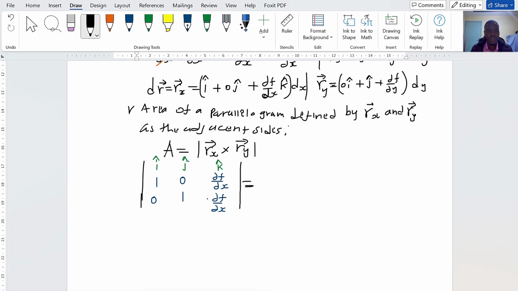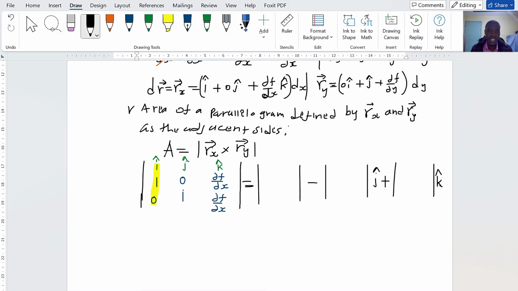To get the three matrices from here, we do the same thing. For i, we close i. Then j is negative, that remains, because it is i cross k, which is clockwise. Then k is positive. I demonstrated that in the Cartesian coordinate system.